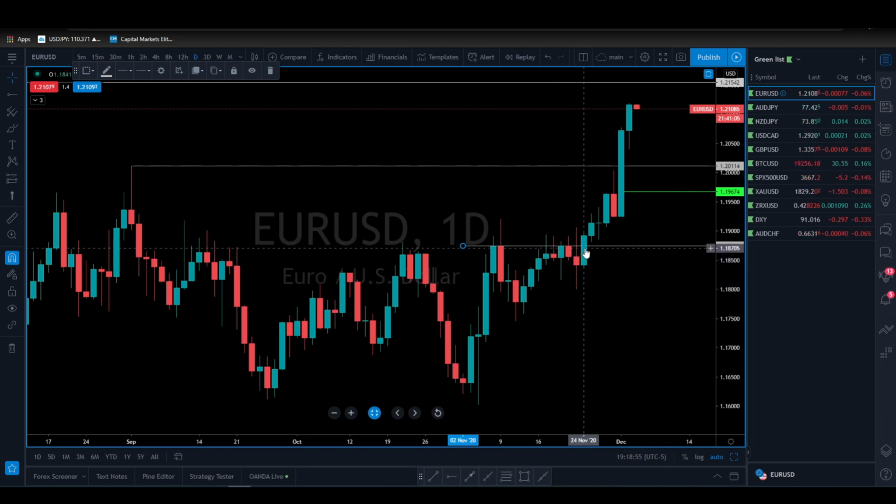But then this happened. This daily close was the first daily close above this line since this market structure high was put in. Okay? That told me that I'm looking for pullbacks to get long. So that's how I gauge direction.